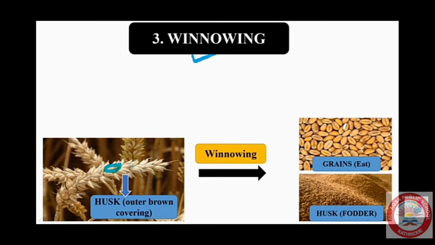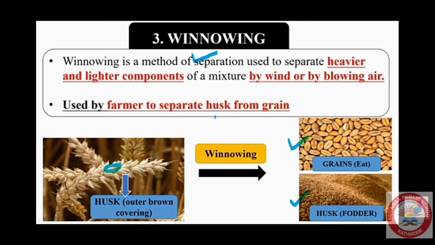This outer covering we have to separate. The separation of husk from grains can be done by winnowing, and after winnowing we will get grains and, second, husk. Husk we can use as animal feed.